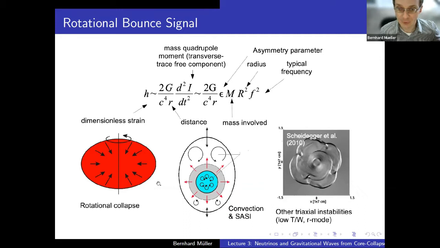So I guess you've all come across the Einstein quadrupole formula at some point, I hope. The Einstein quadrupole formula says that wave-like perturbations to the space-time can be related to the second time derivative of the mass quadrupole moment. More precisely, it's the symmetric transverse trace-free component.